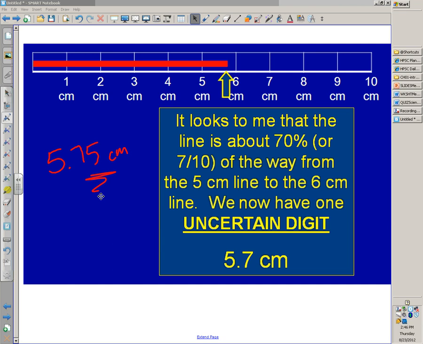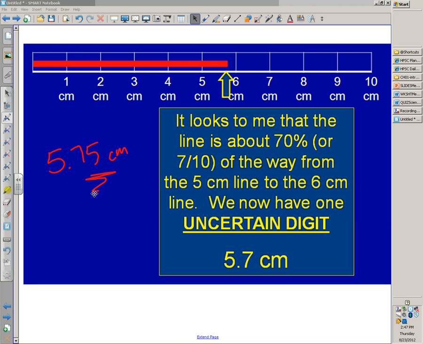How come the answer can't be 5.75? Nicole, go ahead. Because there's two uncertain digits. There could be two uncertain digits, or, okay, if I write 5.75, and let's say I know how to read a ruler properly, okay?